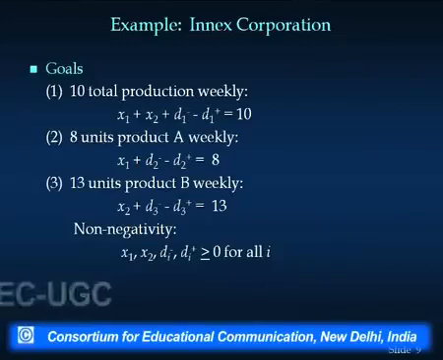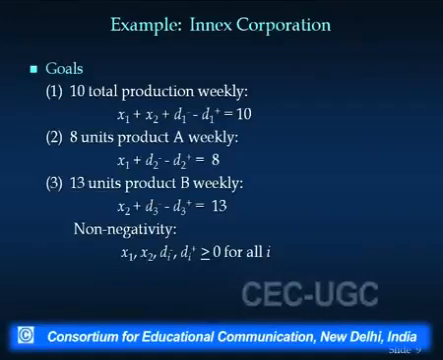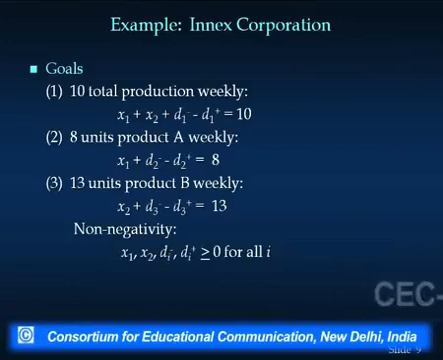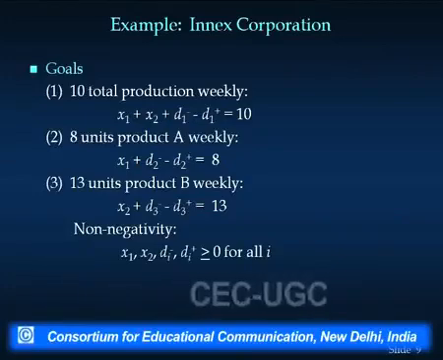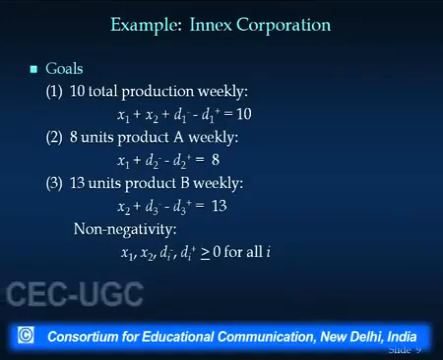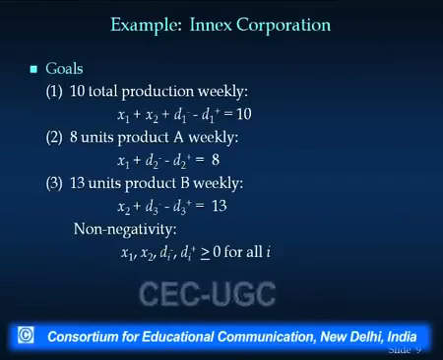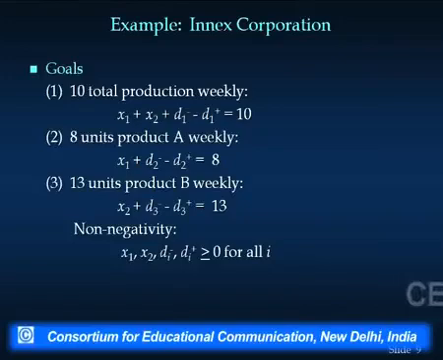Now we will come to the second equation, and the second equation gives us a goal of producing product A, and the number fixed is 8. Production of product A is given by x1. So we will have x1 plus d2 minus minus d2 plus equal to 8. So this is how the second priority is taken care of in forming the equation.